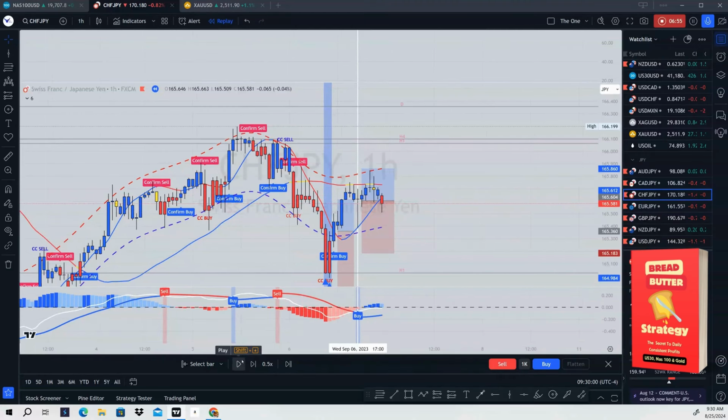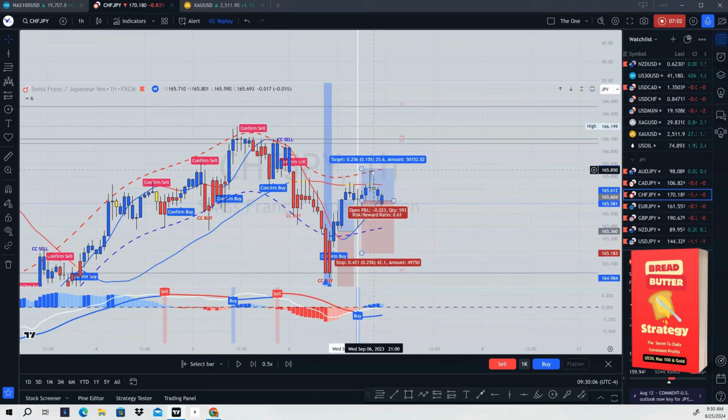Okay, so we almost hit TP right there. I kind of gave you a late entry. It was almost at 25 pips. I mean, we missed it by half an inch.